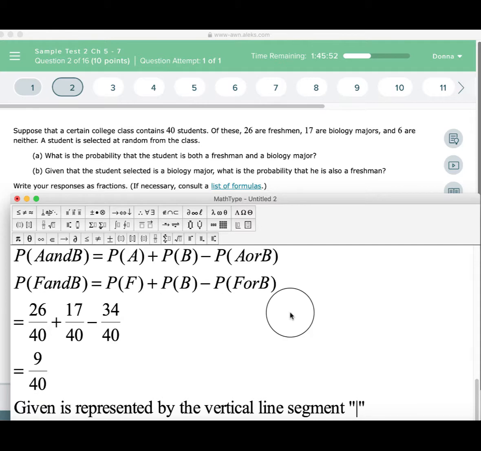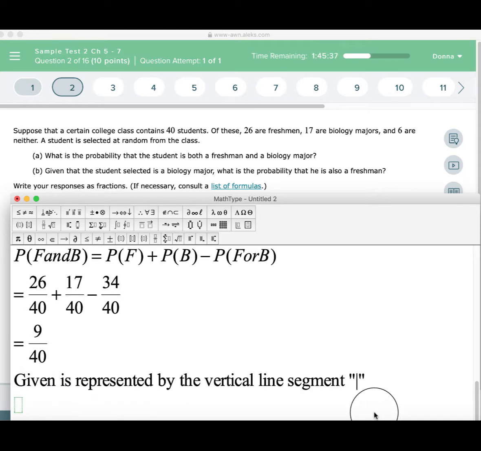And then whatever comes after the given is going to be either bio or freshman. In this particular case, it is given bio. We're going to write that vertical line segment and then the letter B. So that's how you would translate that English statement.